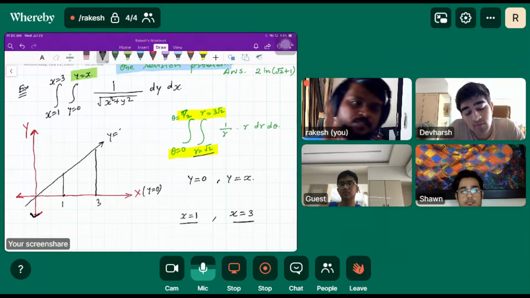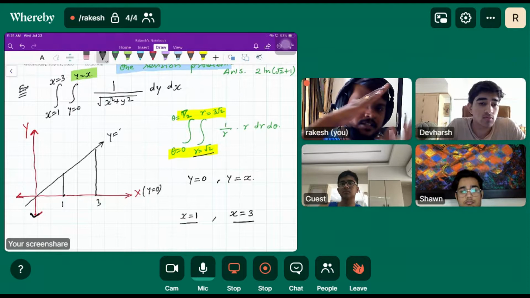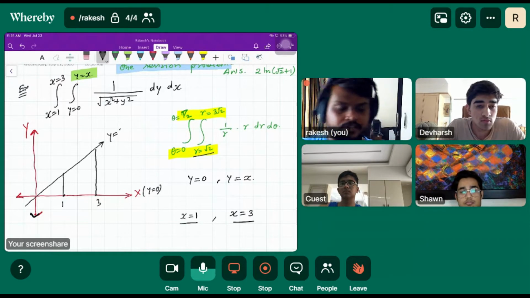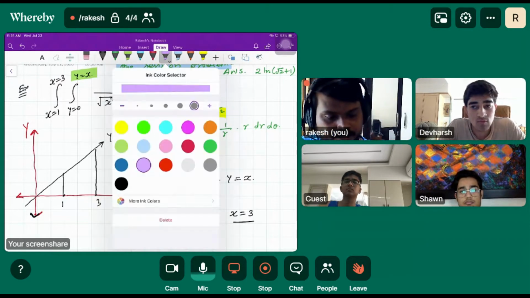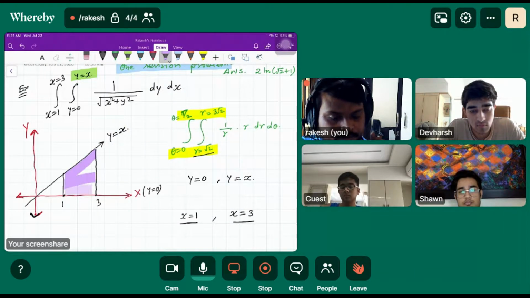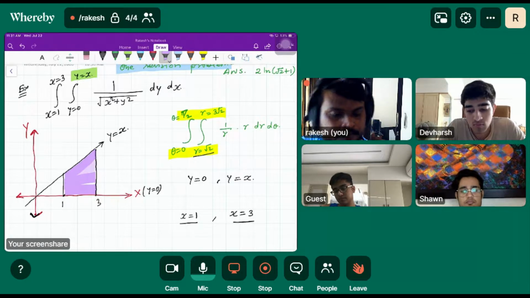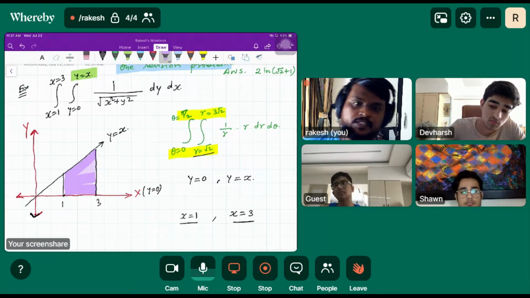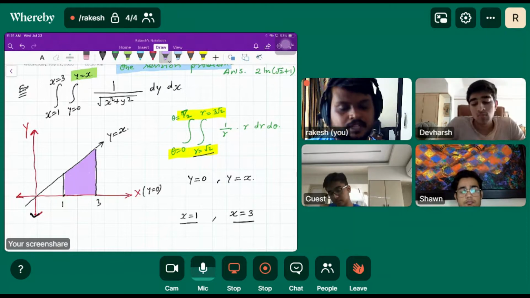Our region is between these two lines, in fact, between everything we have drawn here. So our region is this. Fine.